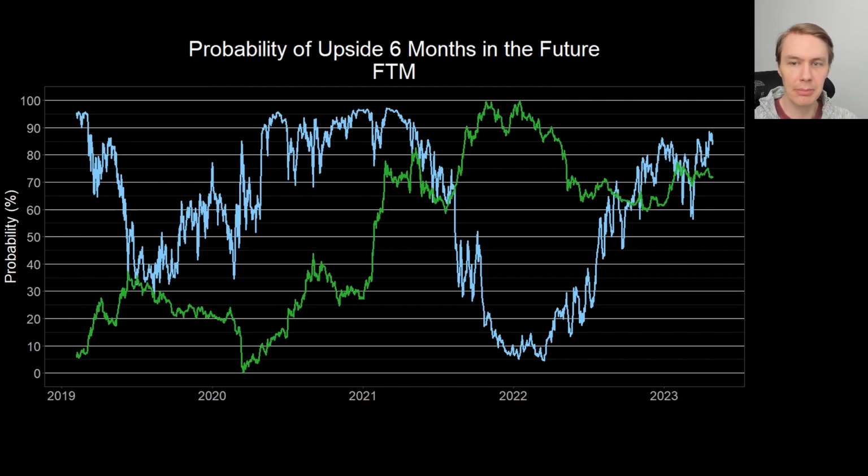But barring those extreme unforeseeable circumstances, the model is saying right now that a bullish outlook for Fantom is its base case, and by a decent margin too, being up at 83% probability to the upside. So it's not guaranteed, it's not 100%, but it's much better than 10% where we were down here, or even through here, down at 30, 40%. It's definitely a more bullish outlook now than it was there from this model's perspective.